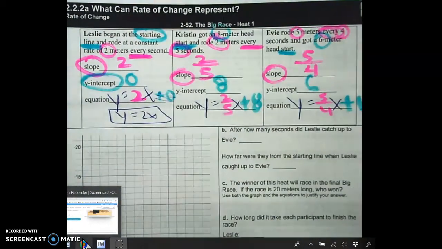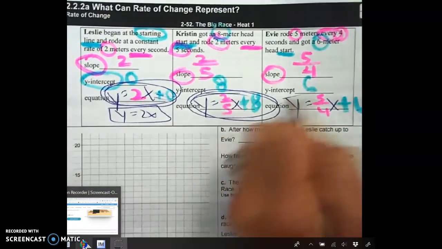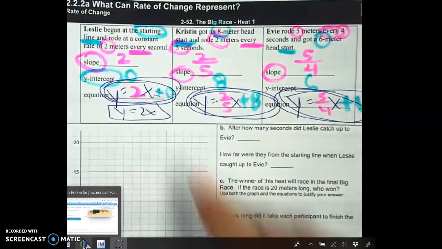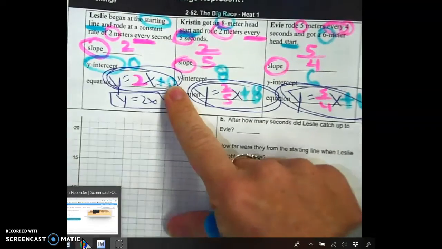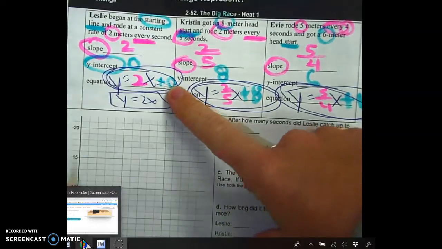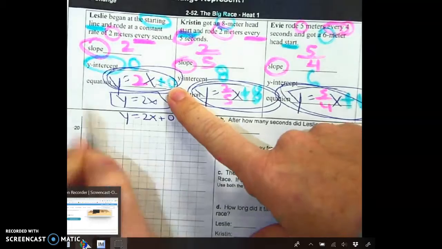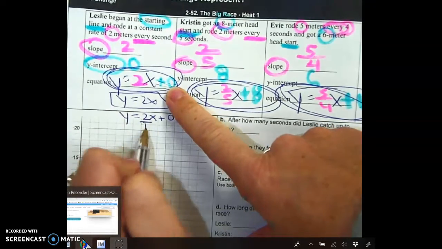So the first thing I'm going to do when I'm graphing is focus here. All right? So my blue means I start at 0. Now I'll rewrite this as y equals 2x plus 0. So I'm going to put the 2 over 1.